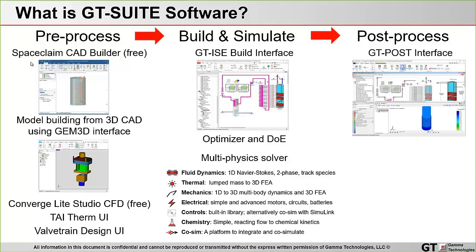Once the CAD model is cleaned up and ready to go, that CAD model would then be brought into our native GEM3D interface, and that would allow users to discretize a model either to a 1D fluid domain network or into a mechanical structure or for detailed thermal analysis.